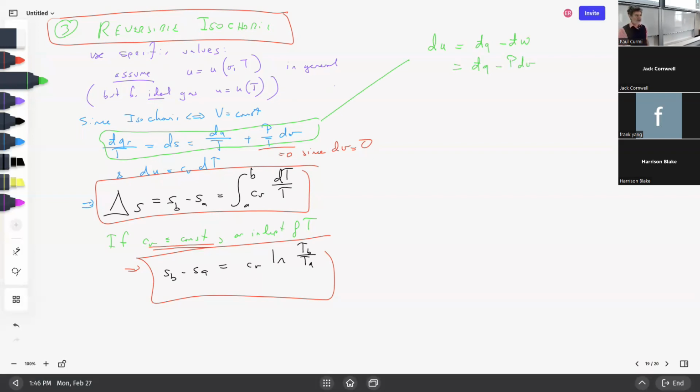Okay, and then I rearrange that and I get d bar Q is equal to dU plus P dV. And then I divide through by temperature. Okay, so all I got there was, we did that when we did specific heats. Yeah.